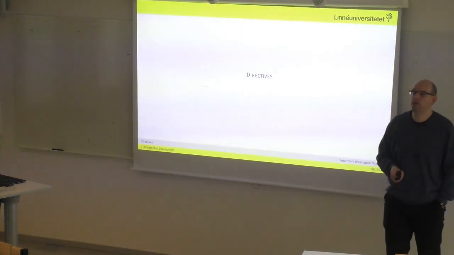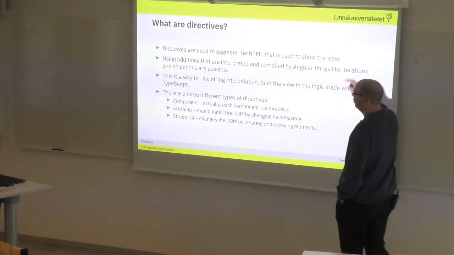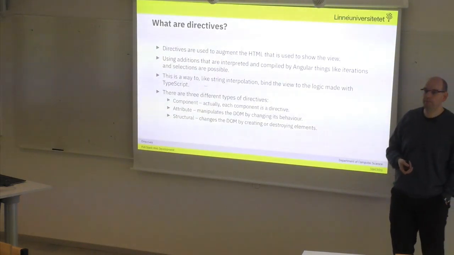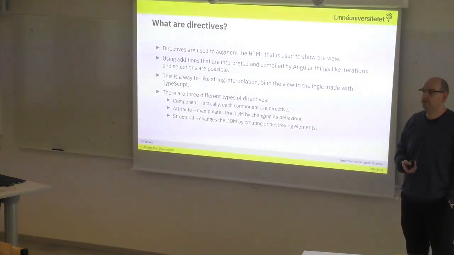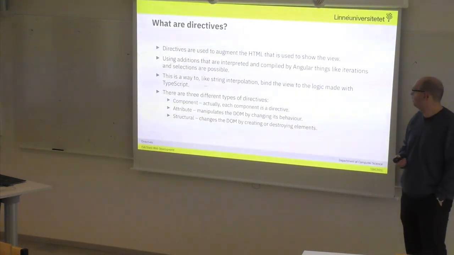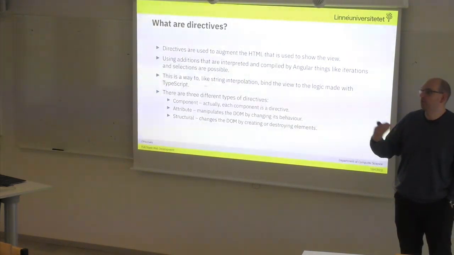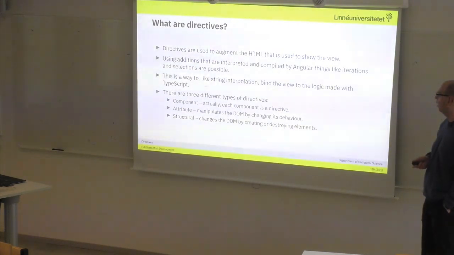So let's move on to what's called directives. Directives are things to augment HTML, so the view itself, making additions to the view. In our case, this would probably mostly mean that we can add things like selection and iteration. That's a good thing, because we want to do things based on things that we can ask for.